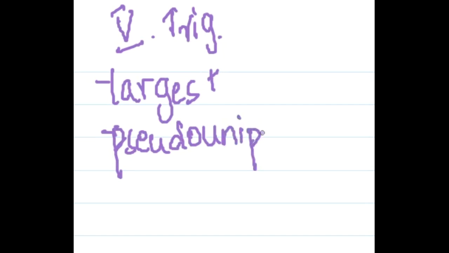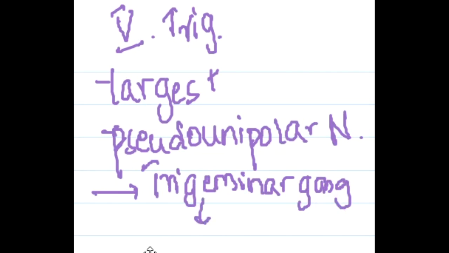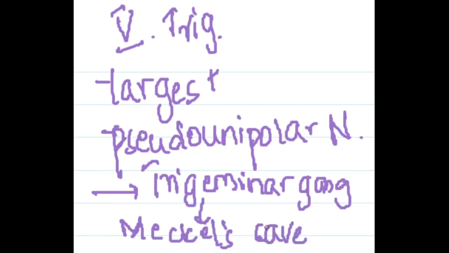The nuclei of these pseudo unipolar neurons make the trigeminal ganglion, also called the semilunar ganglion, and this trigeminal ganglion is present in the Meckel's cave lateral to the cavernous sinus.